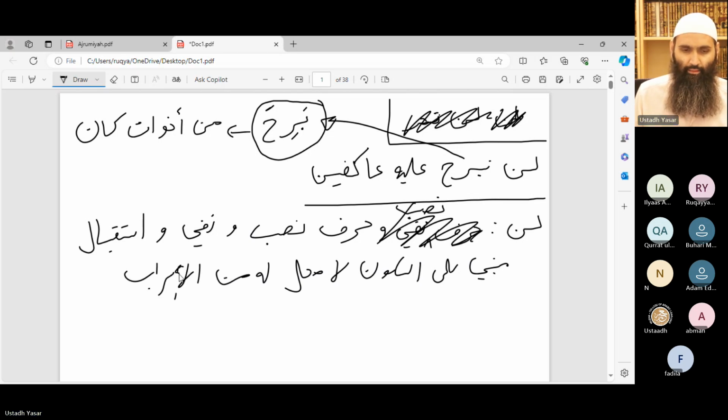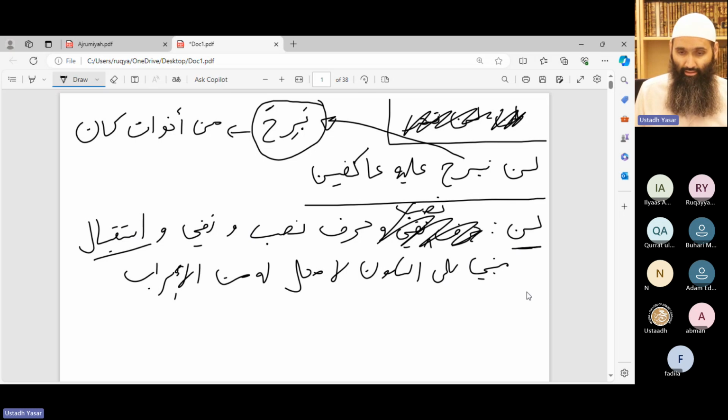So this is lan. It is from the nawasib, meaning it comes before fi'l mudari, it makes it mansoob. So it is a harfu nasbin, and it makes the fi'l mudari mansoob. Wa nafyin, negative. Lan means not in the future. Wa istiqbal is for the future. As you know, that fi'l mudari can be for now or the future. But if lan comes before fi'l mudari, it restricts it to istiqbal, mustaqbal, the future. Mabni ala sukun la mahalla min i'rab.